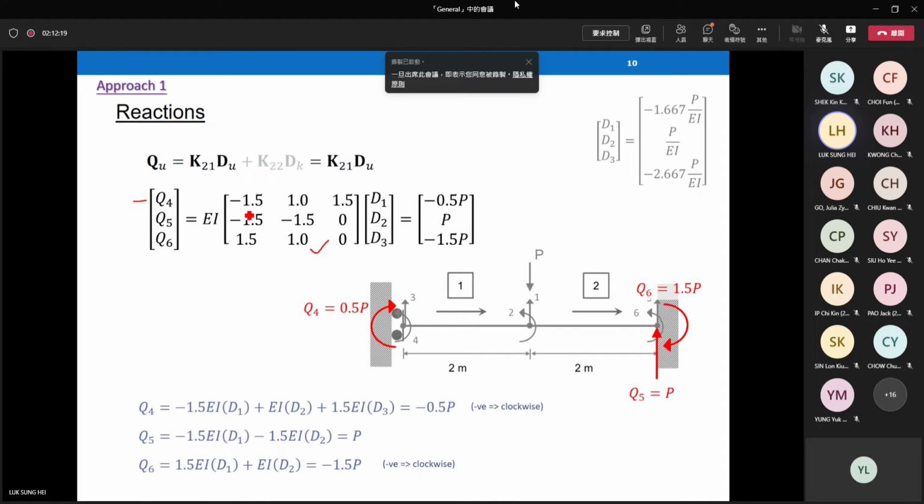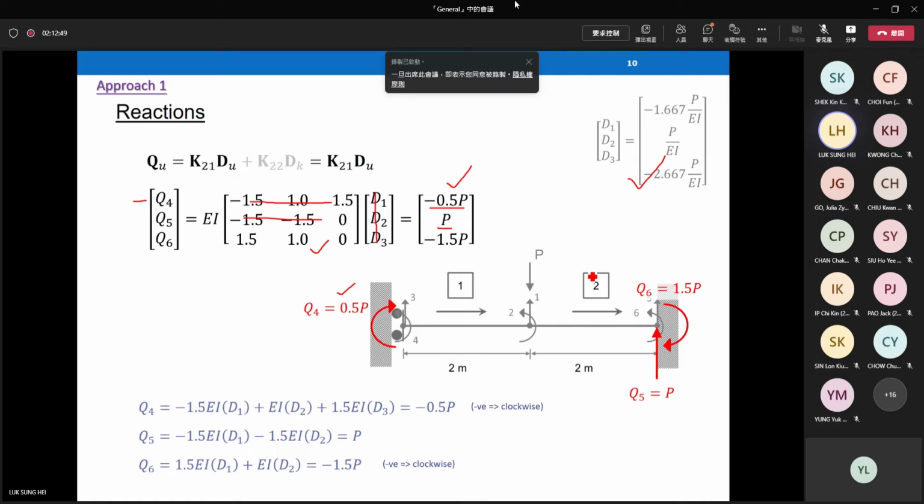So here, the first row times our displacement vector gives you the first element minus 0.5p, and then the second row times the displacement vector gives you the second element, and so on, Q4, Q5, Q6. We have the displacement obtained before on the previous slide. And then you can put them back to the picture. Negative moment means it is a clockwise moment. Clockwise moment, Q4.